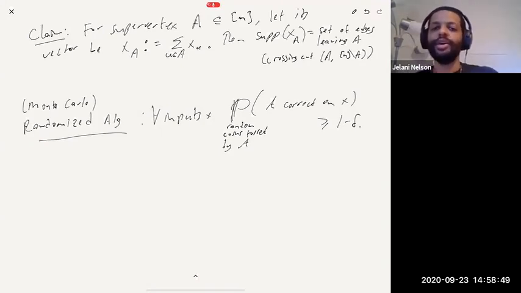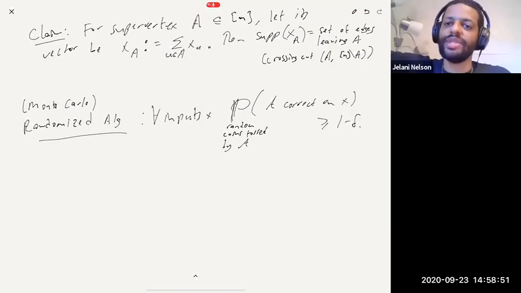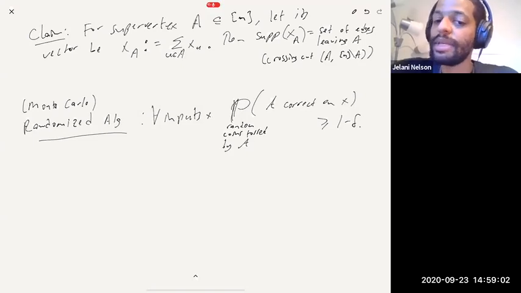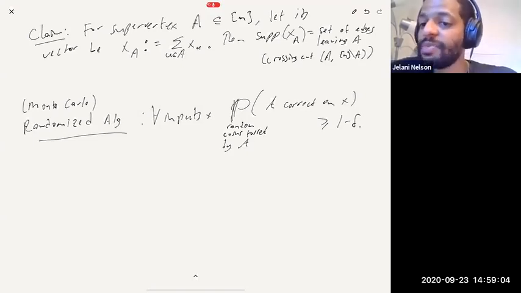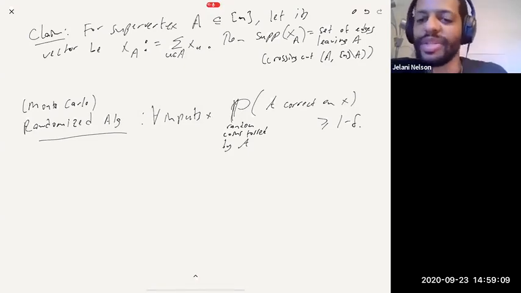Because you queried all the pi x_u's in the first round. That told you which edges to merge, and then you merge. So the edges that you're choosing to merge depend on the randomness that defines pi. The randomness that defines pi is just the hash function h, if you unravel what all this means.